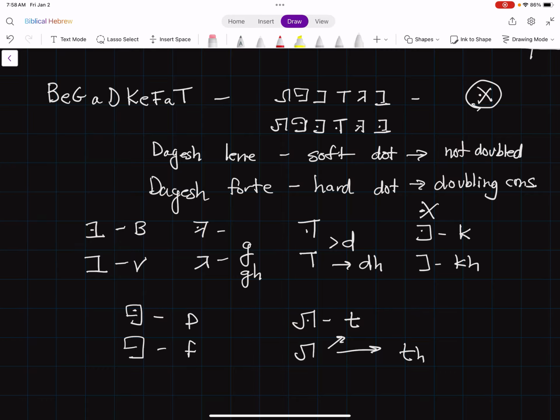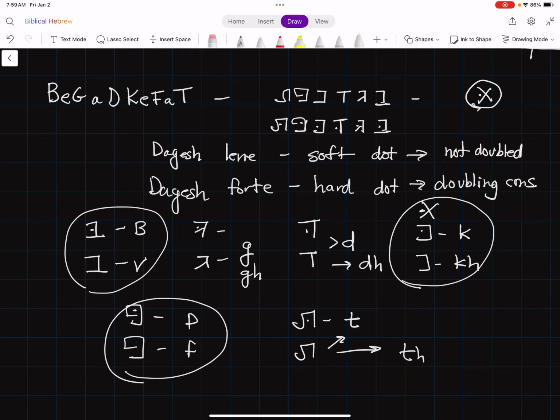Now again, since we're learning the modern pronunciation of the Hebrew alphabet, the only pronunciation that will be distinct will be with the Bet, the Kaf, and the Pei.